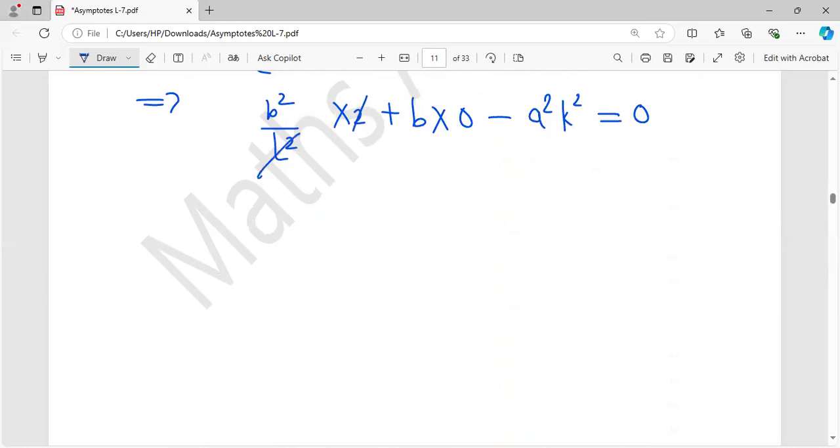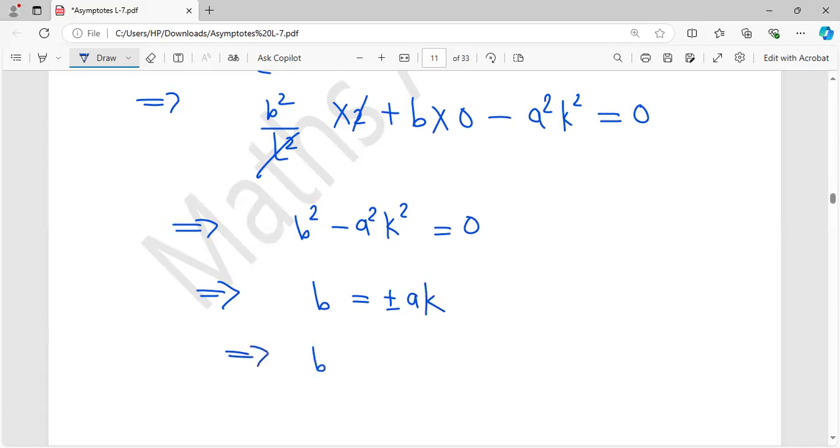So 2 is cancelled out, and this is b square minus a square k square is equal to 0. So this will imply b is equal to plus minus ak. It means b is equal to ak.